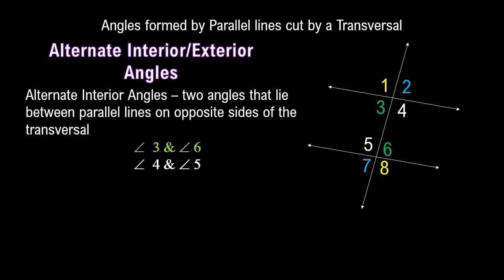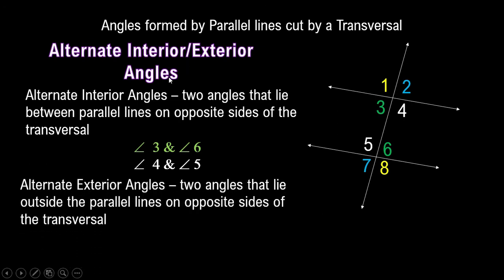Now let us have the second pair of angles. So we have the alternate exterior angles. So by definition, when we say alternate exterior angles, these are two angles that lie outside the parallel lines on opposite sides of the transversal. So by its definition, this time, ang hinahanap nating pairs of angles are lying outside the parallel lines or the exterior part of the parallel lines.